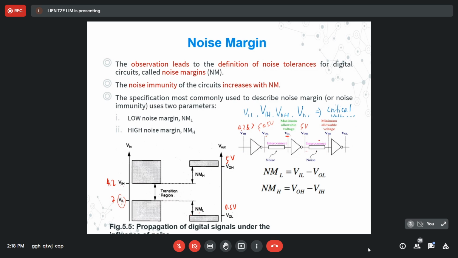For this one, the high noise margin can be determined as VOH minus VIH. So it is determined by this 5 volt minus 4.2, according to this diagram. So this is how we should understand noise margin, using the inverter.